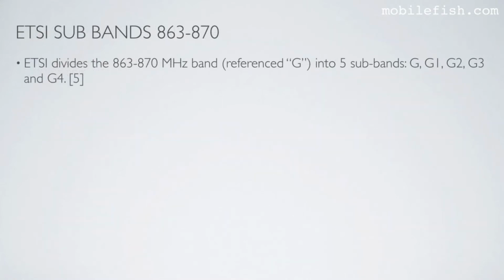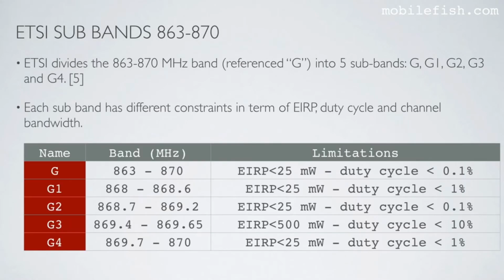ETSI divides the 863 to 870 MHz band into 5 subbands, named G, G1, G2, G3, and G4. Each subband has different constraints in terms of EIRP, duty cycle, and channel bandwidth. For example, subband G1 represents this frequency band, and these are the limitations which are applied on this subband.